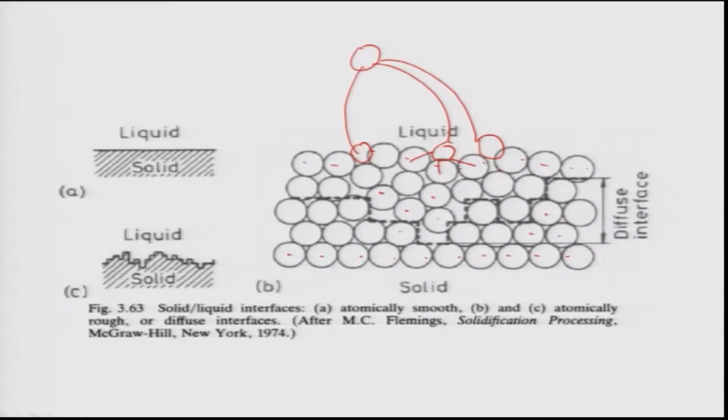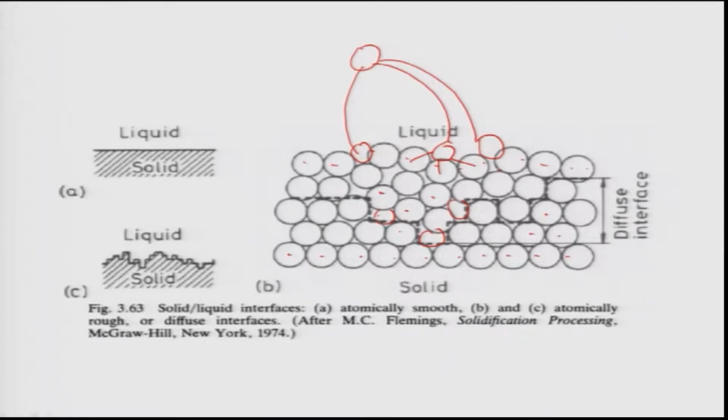Then slowly this atom can migrate, because the temperature is very high and the surface is in contact with the liquid, so diffusion is very fast and diffusion coefficients are very large here. It can easily migrate and reach these places, and while travelling it can occupy these positions and satisfy all these bonds. Therefore in an atomically rough or diffuse interface, there are a large number of places where the atom can easily jump, sit and become part of the solid.